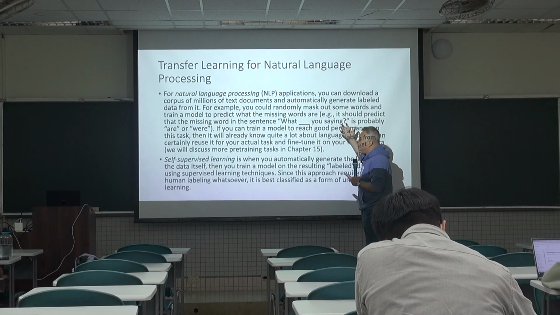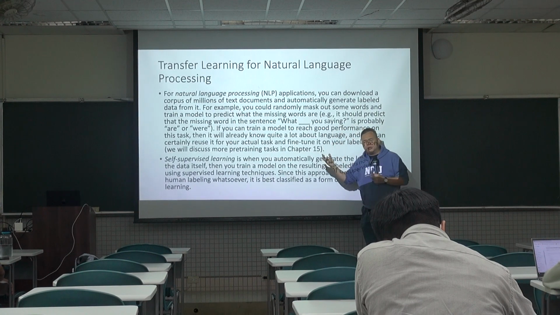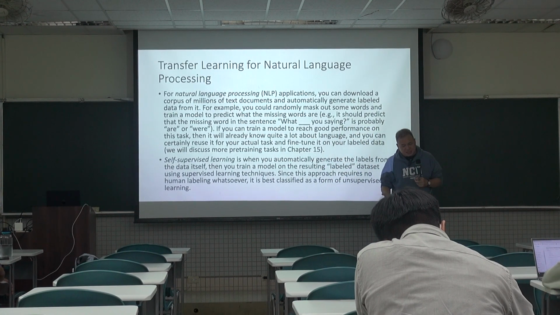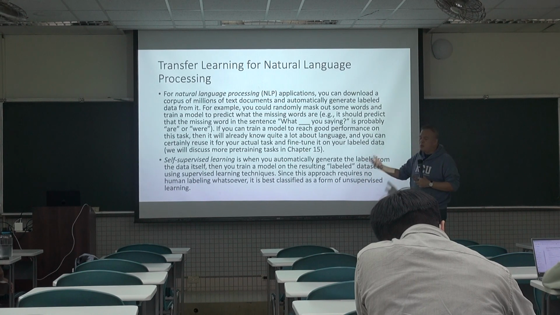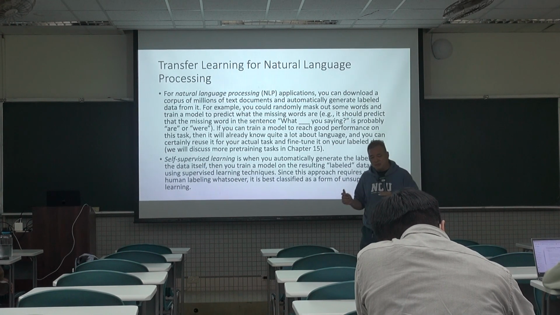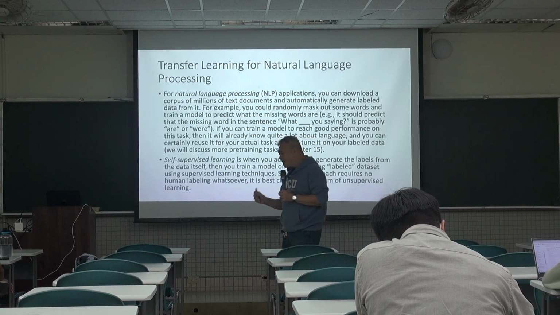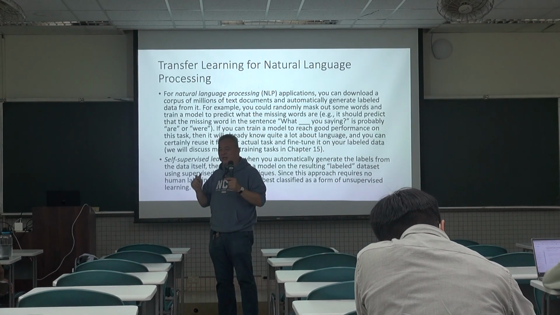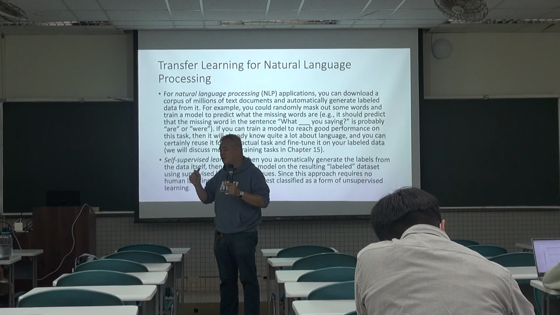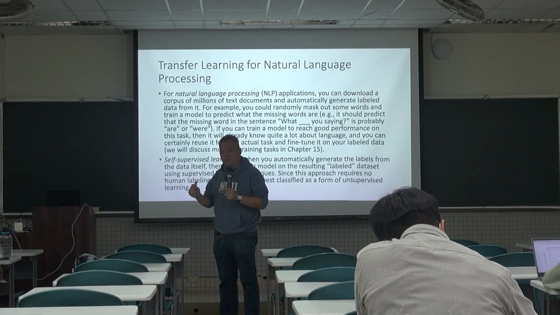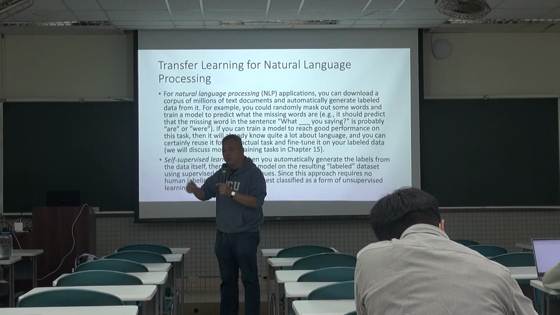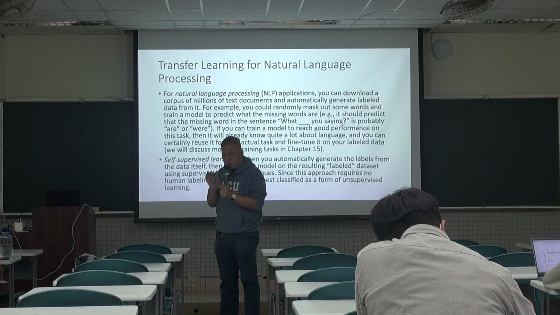So for this example, do you consider this supervised or unsupervised learning? Remember, in machine learning, supervised learning means we learn from a labeled data set. Basically, you know the ground truth, and you train a model to match the ground truth as much as possible.